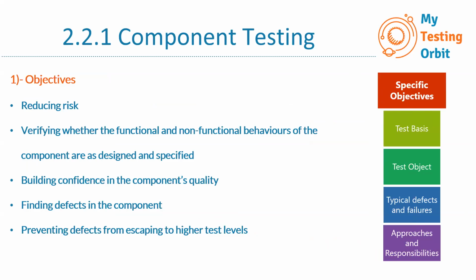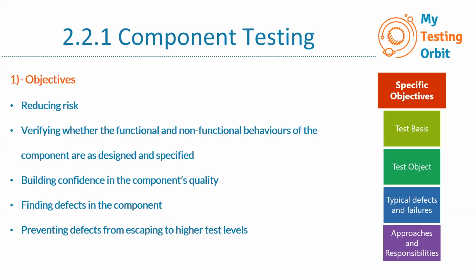So in component testing, what is our objective? What are we trying to achieve from component testing? By now, of course, we have learned what component testing is, but now we will see why we are performing component testing, and what the objectives are. First one is reducing risk.